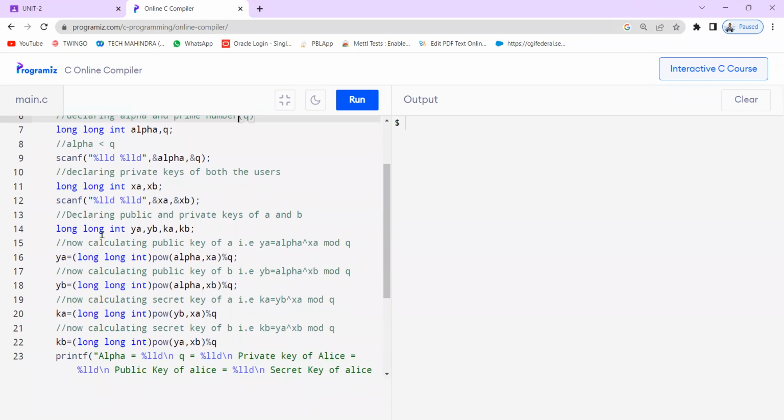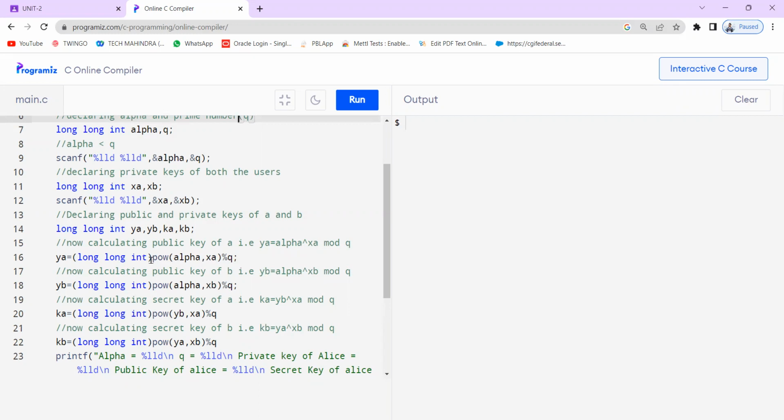Next, we declare the public key of a, the public key of b, and the secret key of a and the secret key of b. Next we calculate the public key of a, that is ya is equal to alpha power xa mod q, by ya equals long int power alpha comma xa. In the power function, we keep the two elements alpha comma xa, that means alpha to the power xa, where the value is stored in the form of long int.